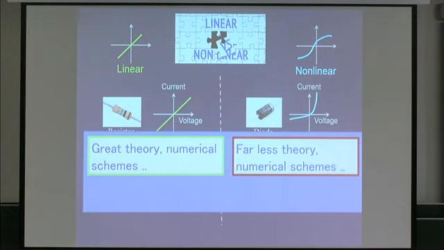In general, linear ones have great theory and numerical schemes, and are very well understood. The nonlinear are specific to every case. There is less theory and fewer numerical schemes, but the model in the linear case is limited, and of course the nonlinear is the general model. And in some cases we cannot approximate everything by linear theory.